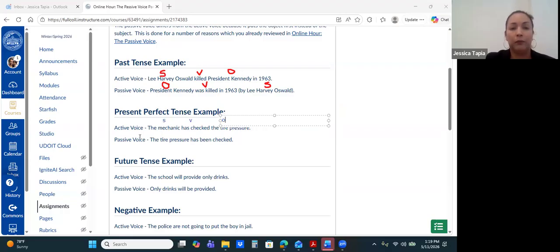When we make the passive voice, we will switch it. So instead of saying the subject first, we will start with the object first. So the object is the tire pressure. And the verb is has been checked. And you notice the verb form changes. It changes just a little bit. Every time we use the passive voice, we're going to add the verb to be.